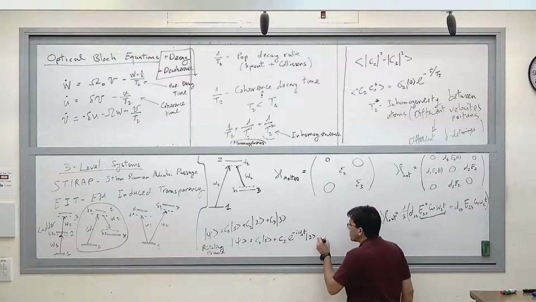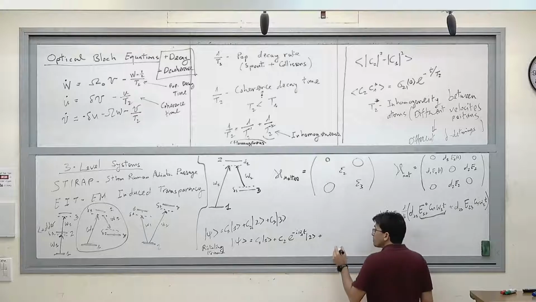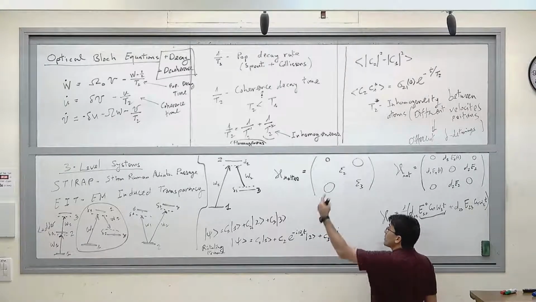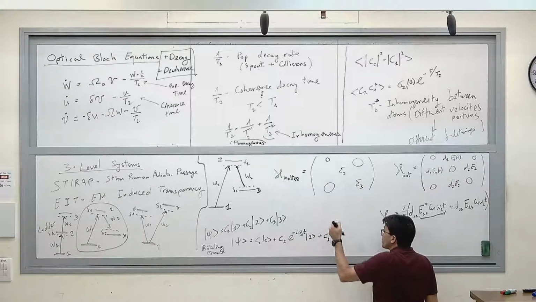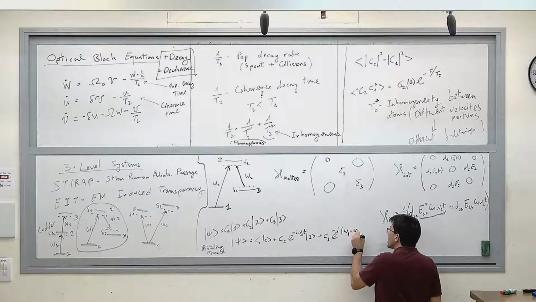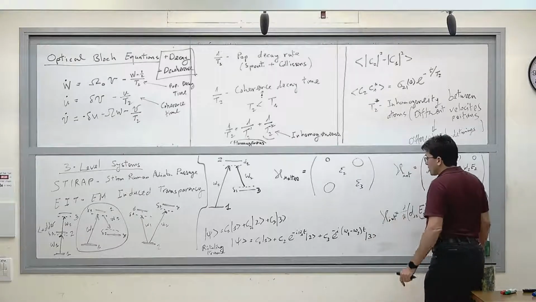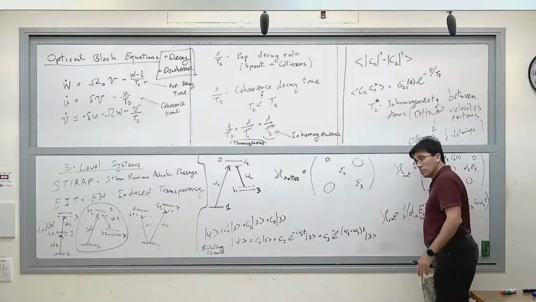And then plus C3 times e to the i, and then let's see. Laser 1 goes up and laser 2 goes down. What has to be here is omega 1 minus omega 2 t, times 3. Do you understand why I chose this?